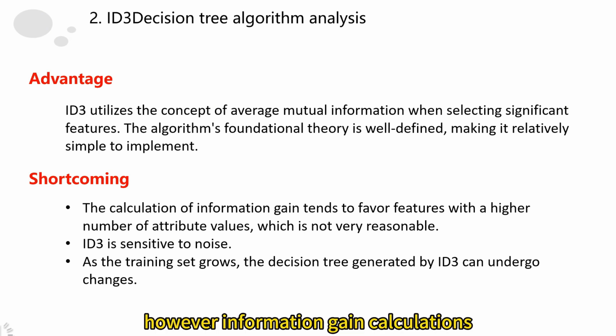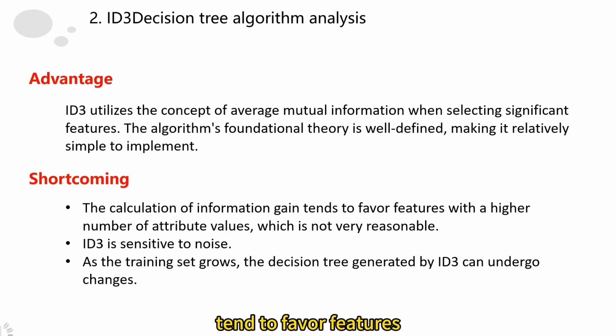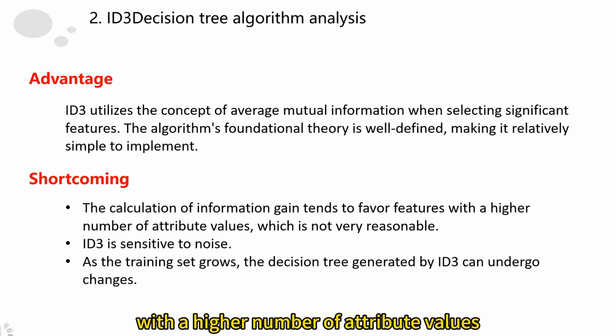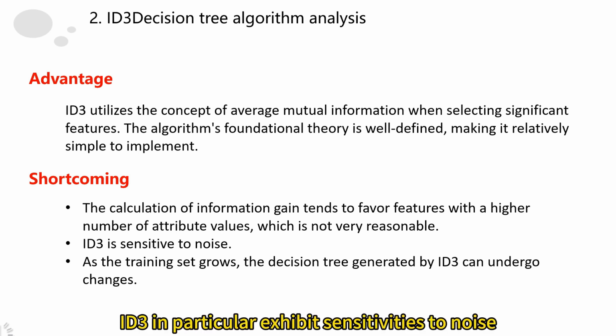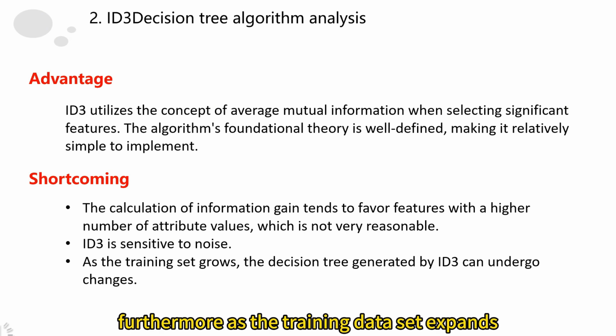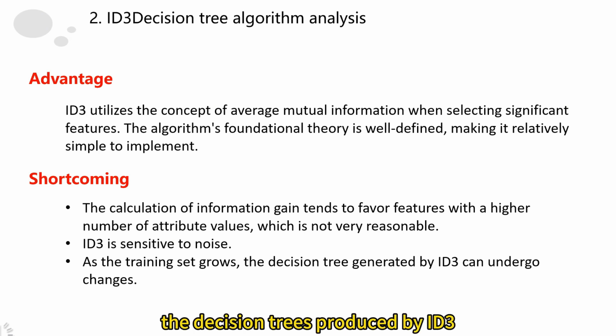However, information gain calculations tend to favor features with a higher number of attribute values, which is somewhat unreasonable. ID3, in particular, exhibits sensitivity to noise. Furthermore, as the training dataset expands, the decision tree produced by ID3 will change accordingly.